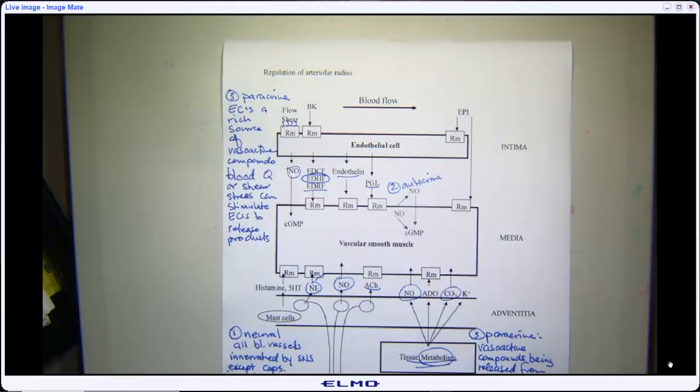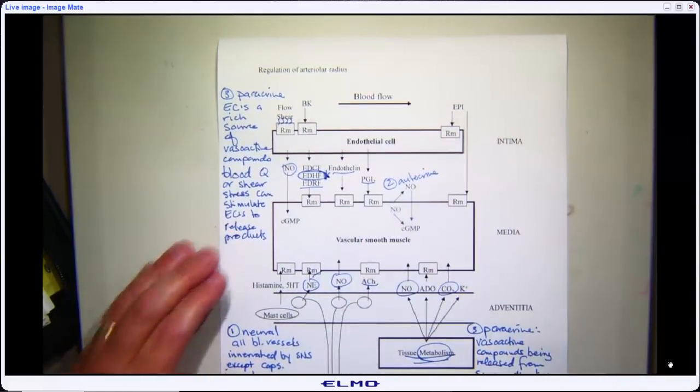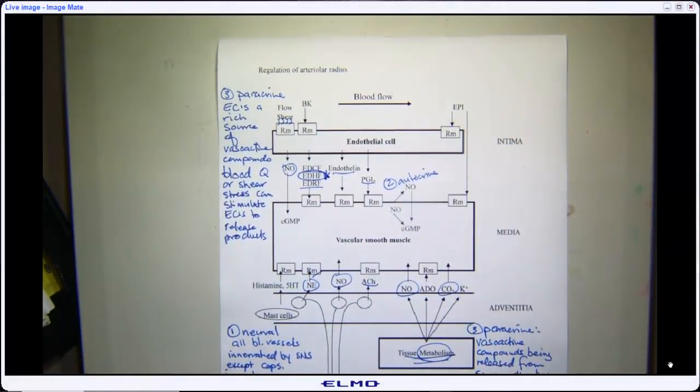That being said, it did take about 10 years for nitric oxide. It used to be an EDRF until it was identified as nitric oxide. It did take about a good 15 years to identify nitric oxide, so I think we're probably pretty close to trying to identify what EDHF is, but it's still a mess.